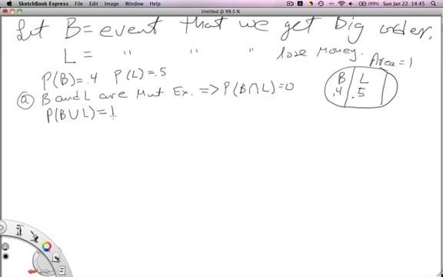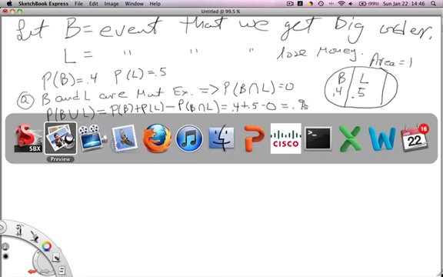The OR theorem says that this is equal to the probability of B plus the probability of L minus the probability of their intersection, B intersect L. Let's plug in the numbers: 0.4 plus 0.5 minus 0, and the answer is 0.9. So the chance that we either get the big order or we lose money is 0.9.